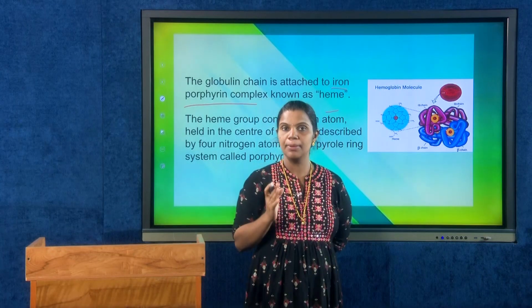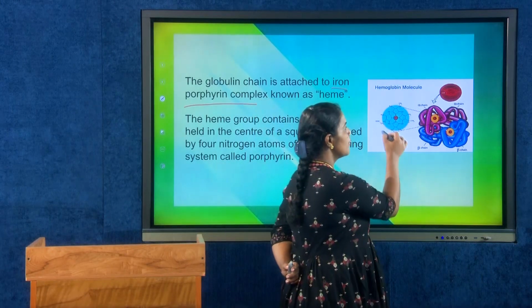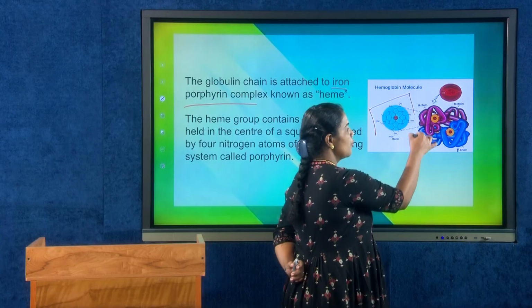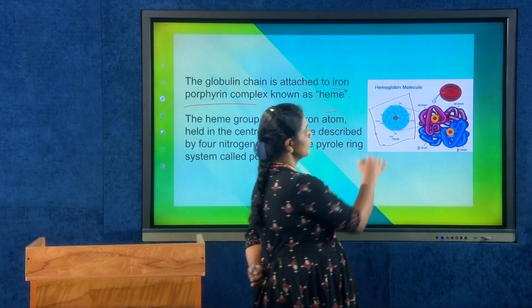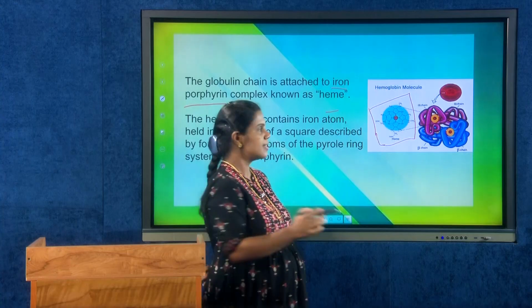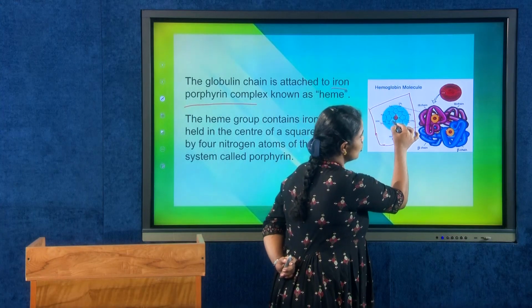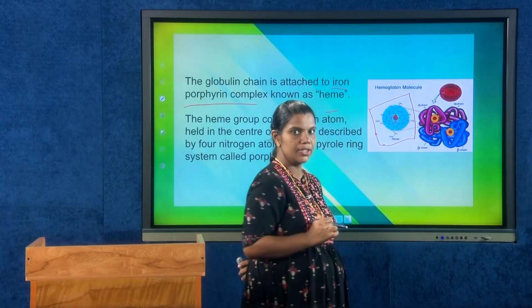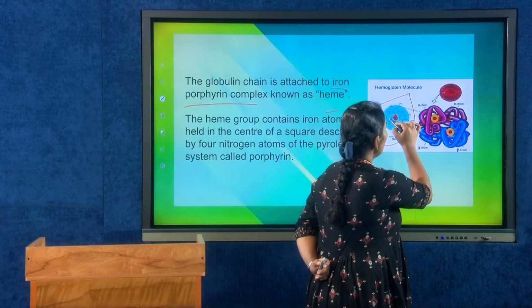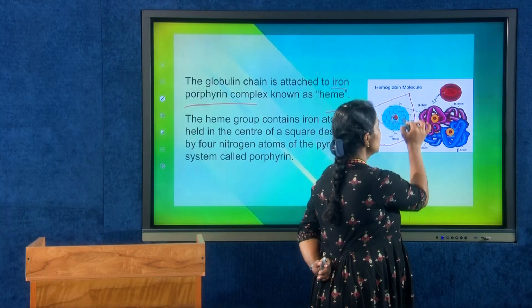You know that heme contains the porphyrin ring system. The porphyrin ring system contains iron 2 plus in the center, and you have 4 pyrrole ring systems.